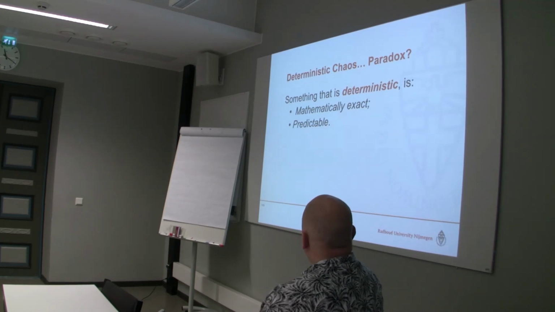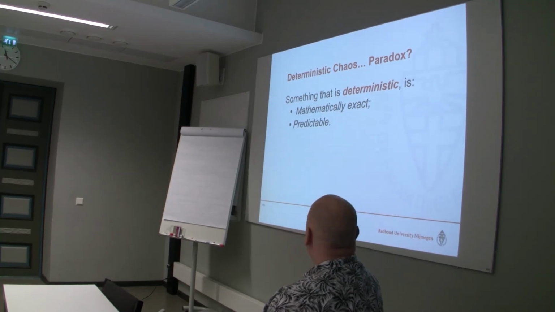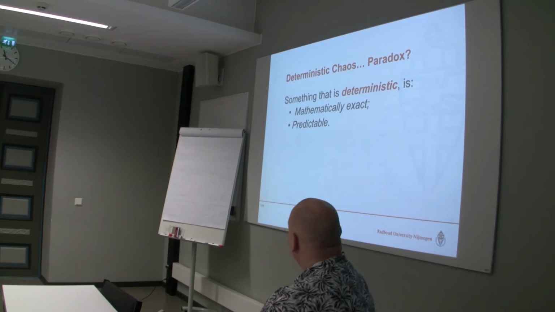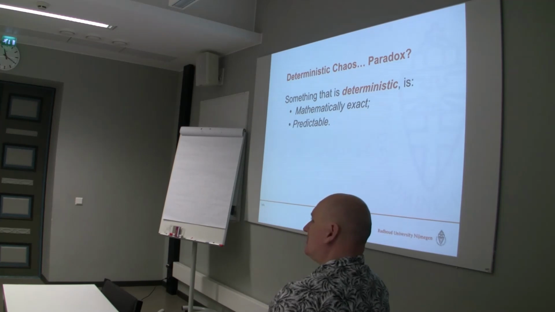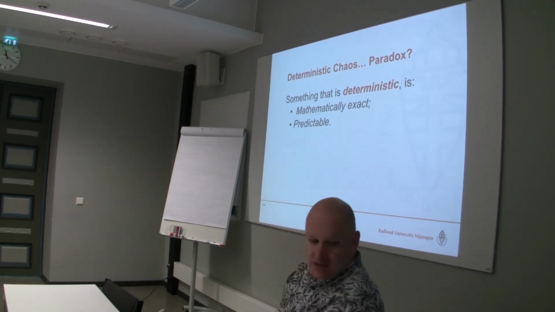You would think that something that is deterministic is, of course, mathematically exact. That's still true, but what we have here is a limit on prediction, right? We can always do the post hoc prediction.